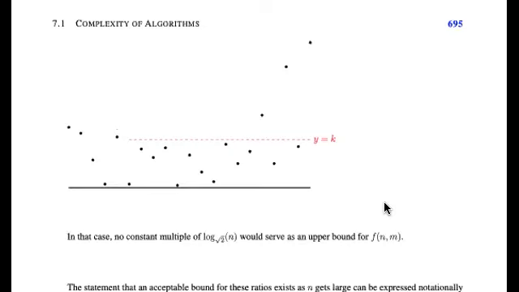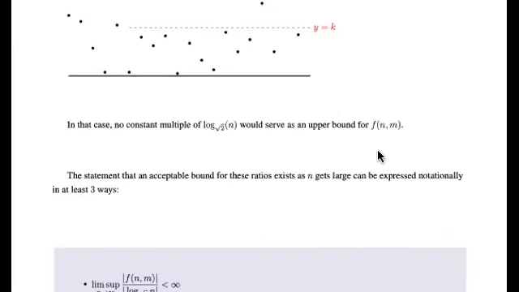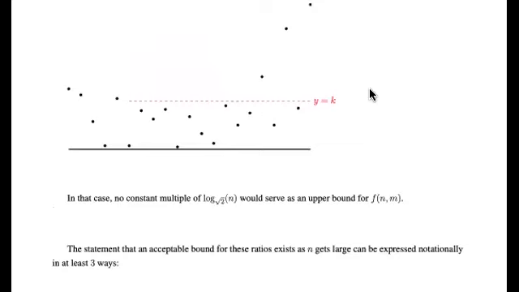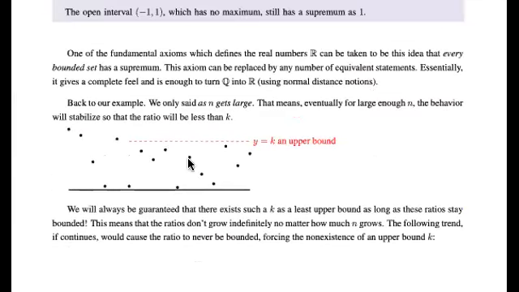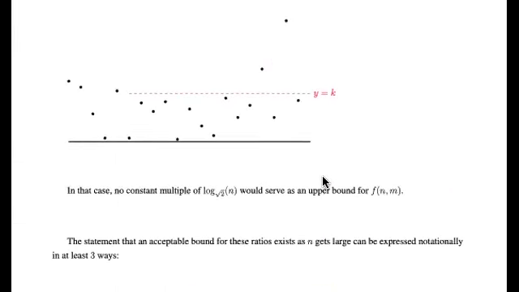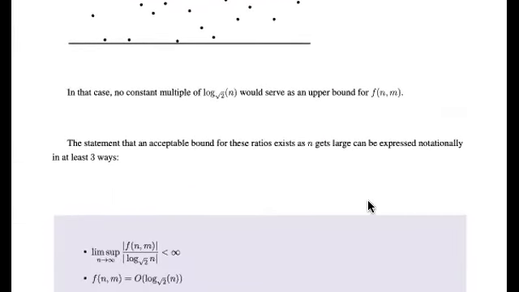We wouldn't be able to compare f of n to something continuous if it's without bound, even though it's jumping around. So the statement that we want ensures that we have some control of the behavior. Eventually, this ratio is going to be less than K.